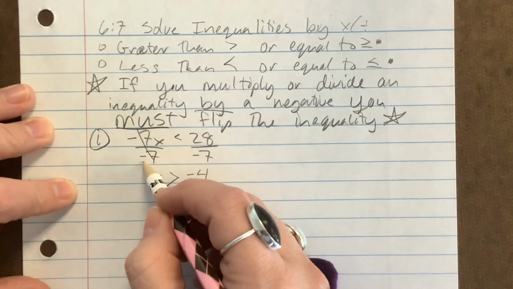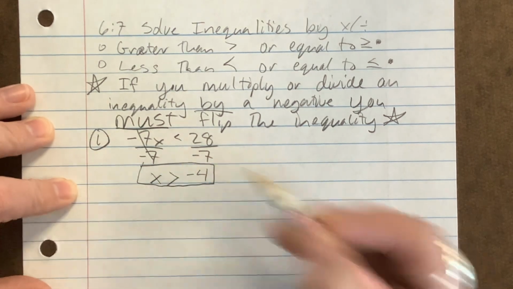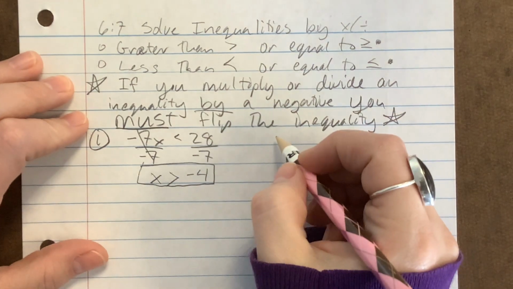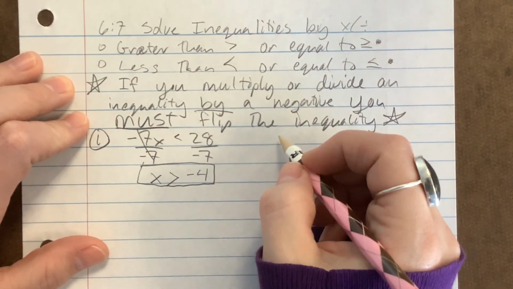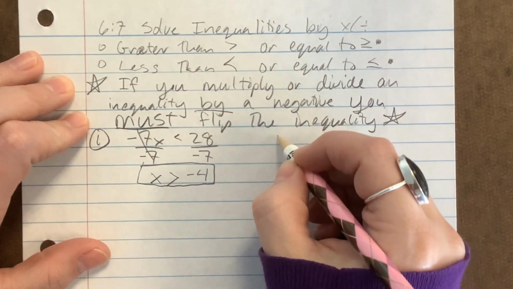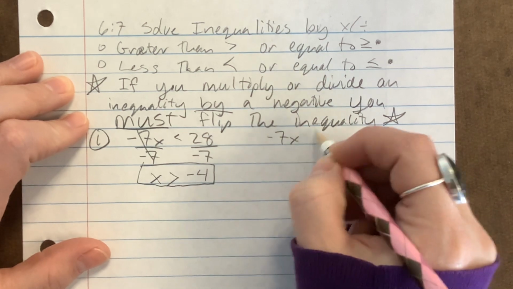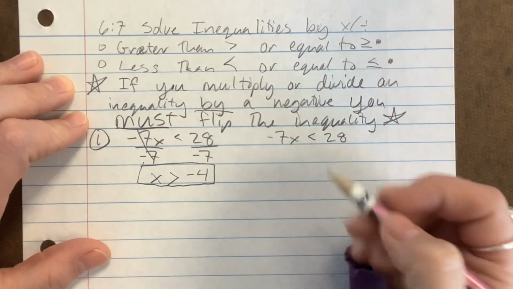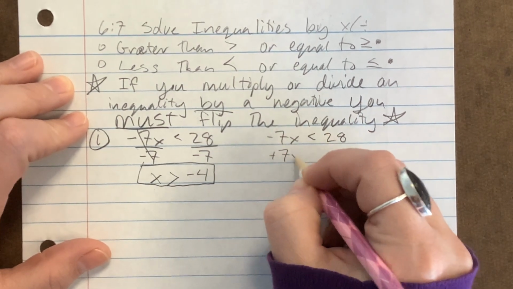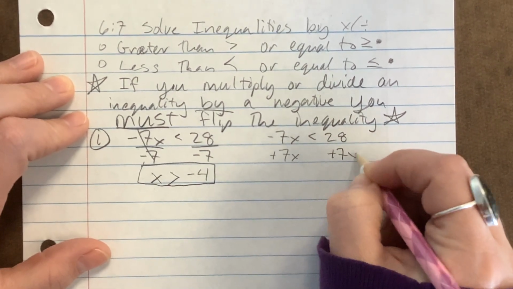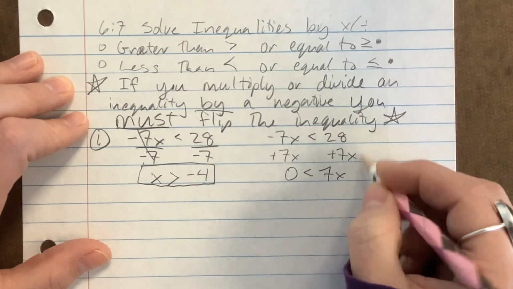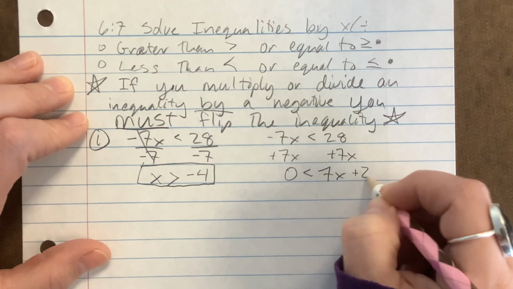Now some people have asked, well, why, Mrs. Sanford, do we have to do that? This is what it looks like if we try to get rid of the negative a different way. If we start with negative 7x is less than 28, but we want to make this positive, we can add 7x to both sides. Then we get 0 is less than 7x plus 28.